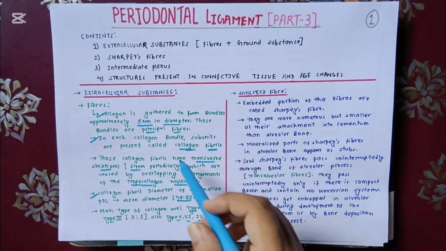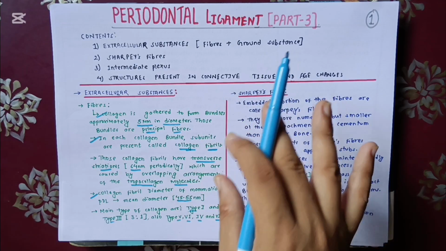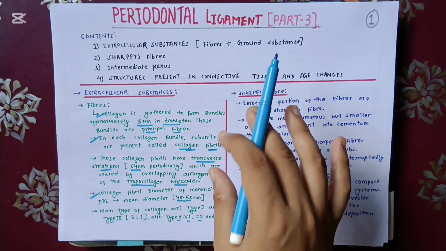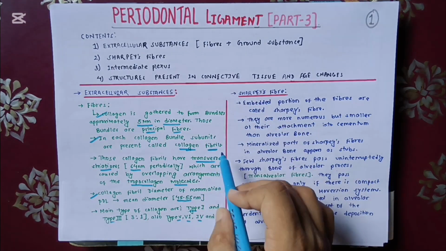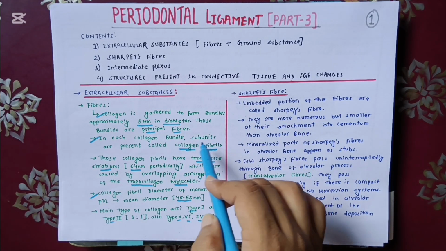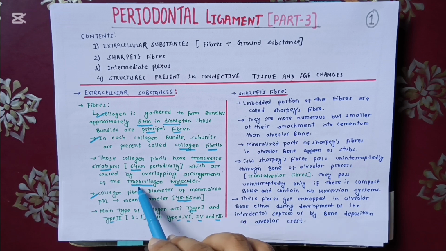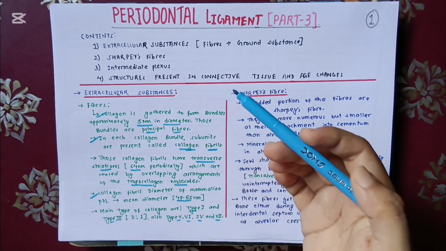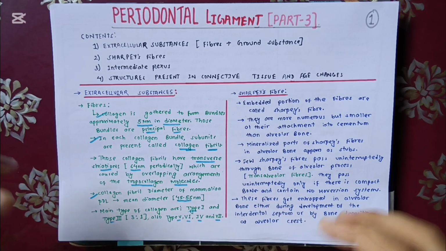And the concept: you should think that a principal fiber is nothing but a bundle of collagen fibers. The subunit of those principal fibers is called collagen fibrils, and those have transverse striations formed due to the overlapping arrangements of the tropocollagen molecules. It is formed by type 1 and type 3 collagen.